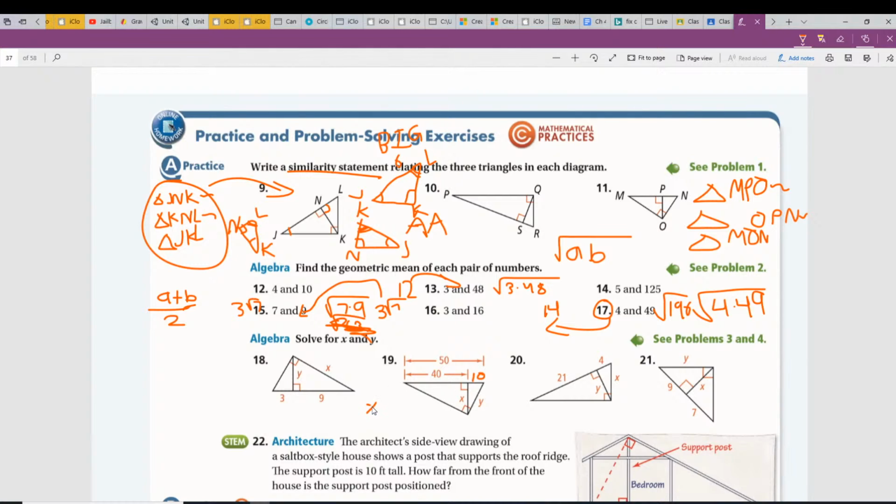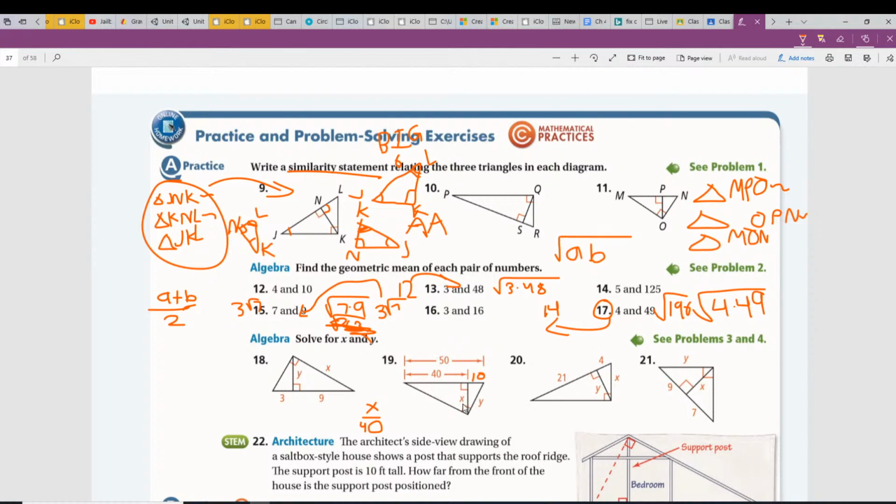We have x divided by 40, this side length divided by this side length, and we're gonna compare that to this one. So we're gonna use some corresponding properties here. This is kind of the smallest length in this triangle, I'm assuming, right? So x divided by 40. The side which is reflexive right here and has that right angle would be x, and 40 is the side which has a right angle, it's not the hypotenuse.